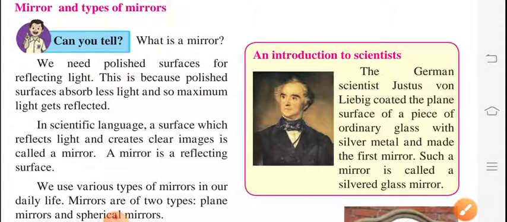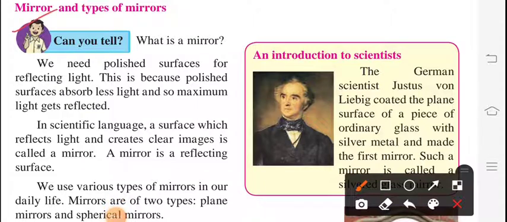So first of all, our topic is mirror and types of mirrors. We need a polished surface for reflecting light. Obviously, any kind of surface should be polished on one side, and the other side can be plain or any shape.